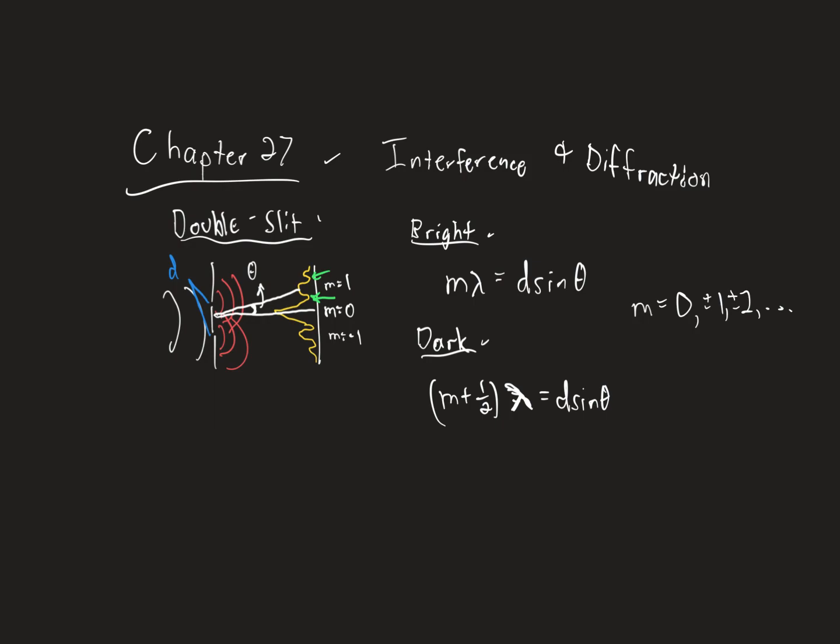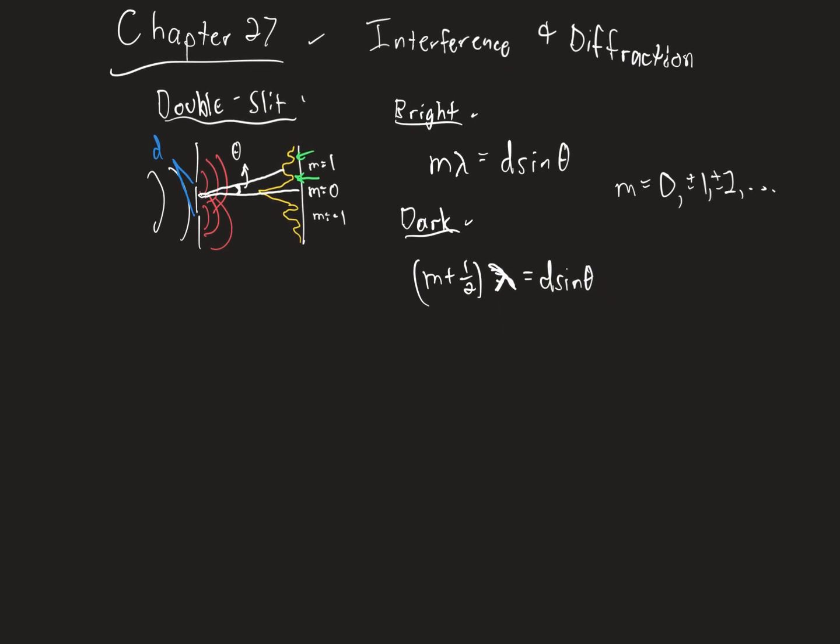Okay, this double slit equation, it doesn't only work for two slits. It works if you have something called a diffraction grating, which is a whole bunch of slits. So this is multiple slits, also called a diffraction grating. And with the diffraction grating, with multiple slits, more than two, you can only predict bright spots.